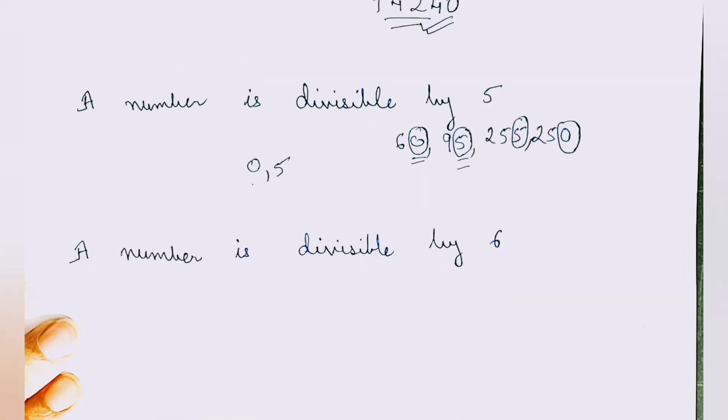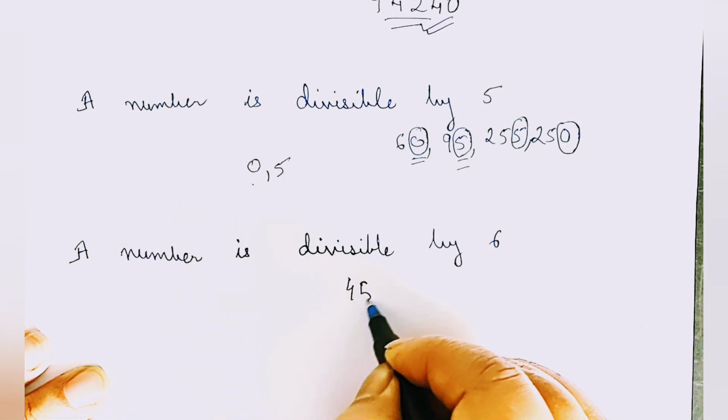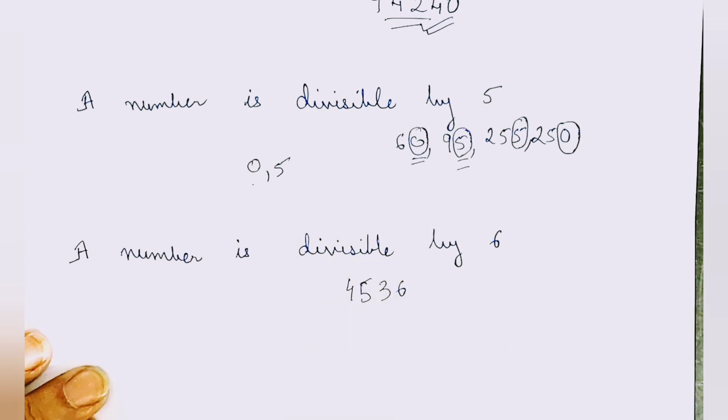Okay. Now, to know if a number is divisible by 6. Now for that, say the number is 4,5,3,6.